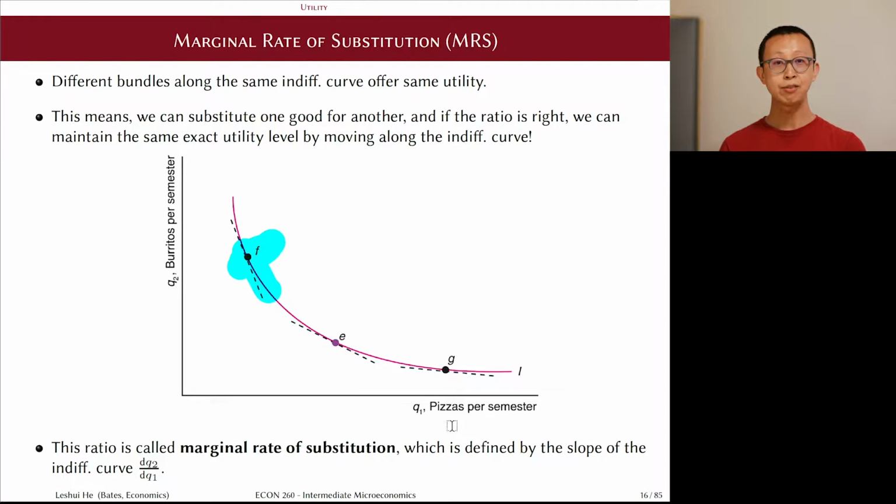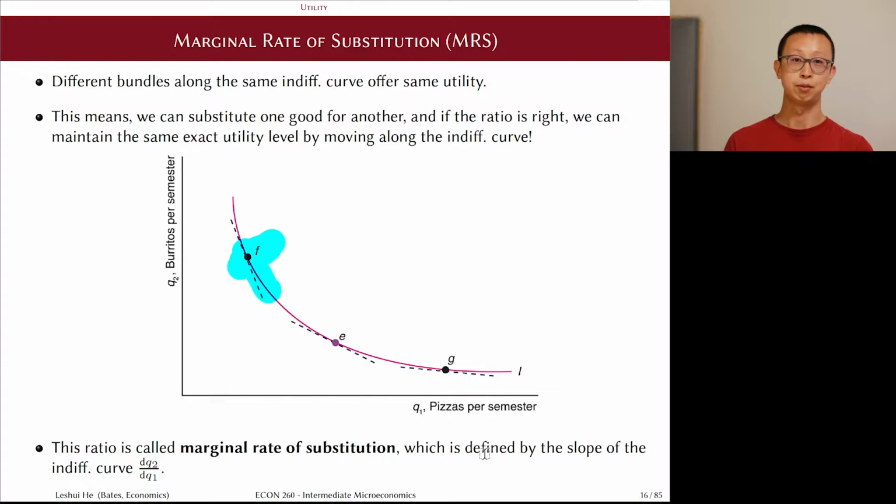However, we have to be really careful in how we replace these two products with each other. We have to keep the rate of substitution in a particular, precise way so that this consumer isn't made any happier or any less happy when we make the change. And this particular rate is the notion of marginal rate of substitution.